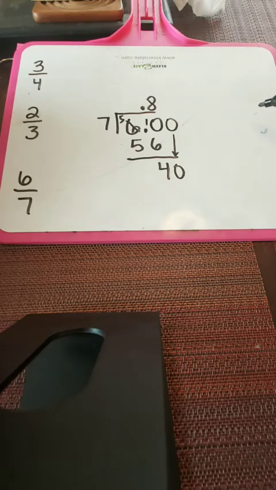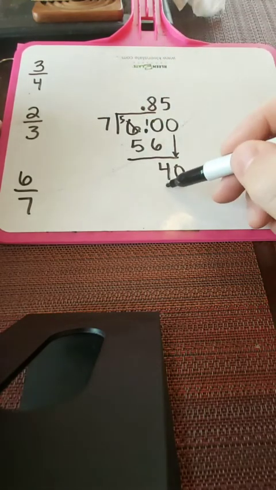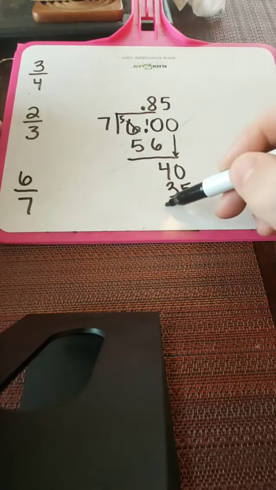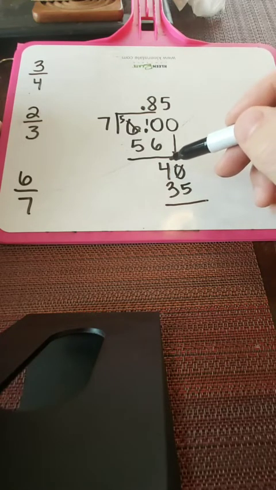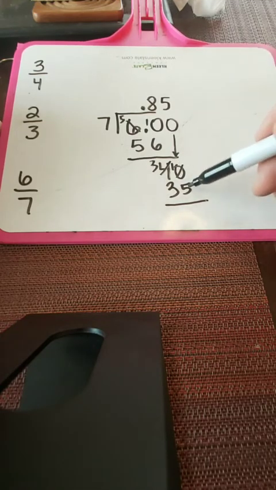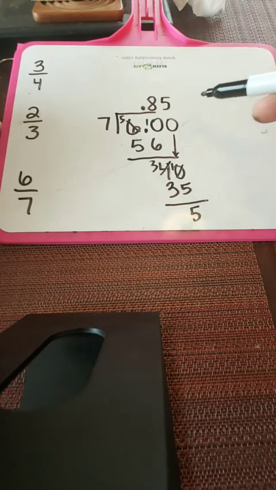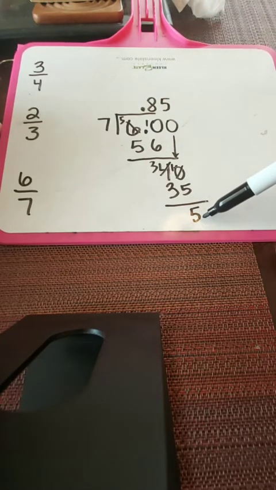So, without going over, we have to use our 5. 5 times 7 is 35. We subtract 35 from 40. 10 minus 5.